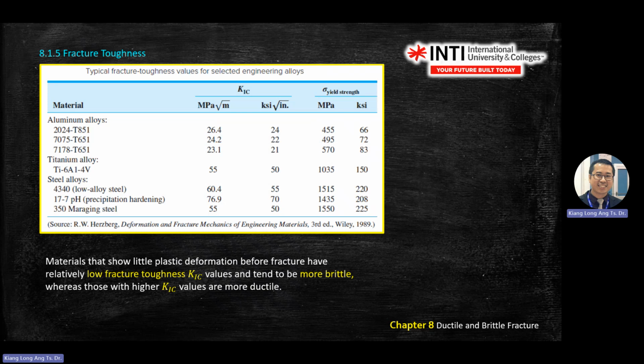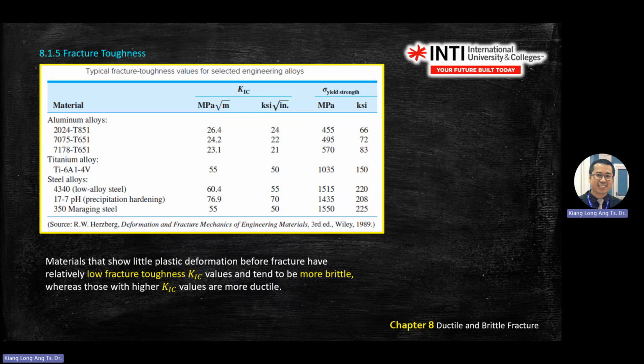Okay, lower fracture toughness tends to be more brittle, whereas higher KIC will be more ductile. In the final exam, I'll give you two materials, material A and material B, applied at the same load, same stress.